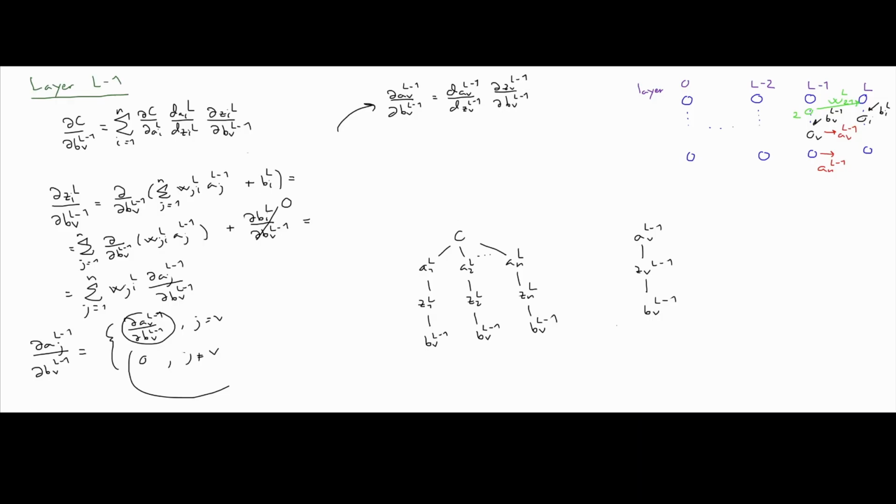Now we can unpack this partial derivative of the weighted input. If you write out the linear combination which makes up the weighted input, we get that the partial derivative of this weighted input is equal to the sum as k goes from 1 to n of the weight going from neuron k in layer L-2 to neuron v in layer L-1, multiplied by the activation in neuron k from layer L-2, and then we tag along the bias term for neuron v in layer L-1.